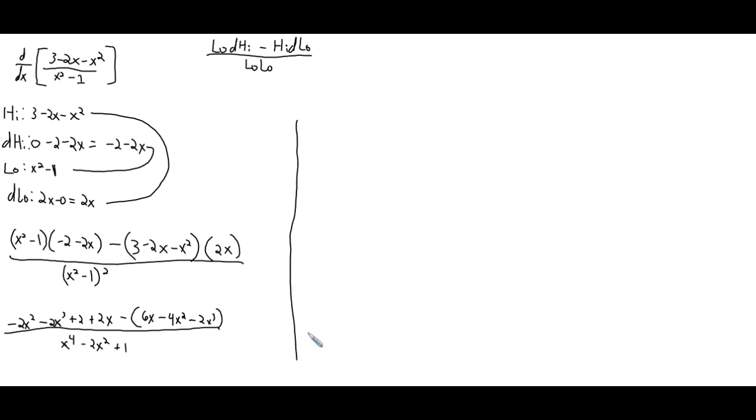I don't know if that actually is much simpler, but we keep going, and we distribute that negative all the way through, and we get negative 2x squared minus 2x cubed plus 2x minus 6x plus 4x squared plus 2x cubed, all divided by x to the fourth minus 2x squared plus 1.